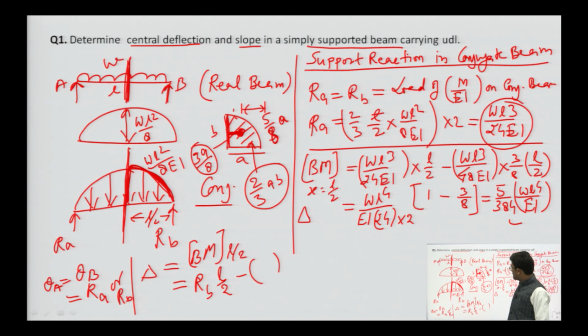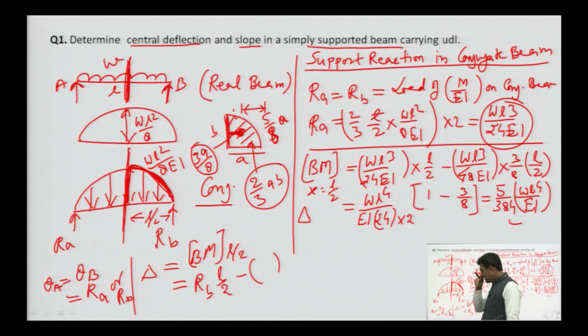So this is the step. Step 1 is find the bending moment, find the BMD, and then change the loading by M upon EI on the conjugate beam after replacing its support condition.